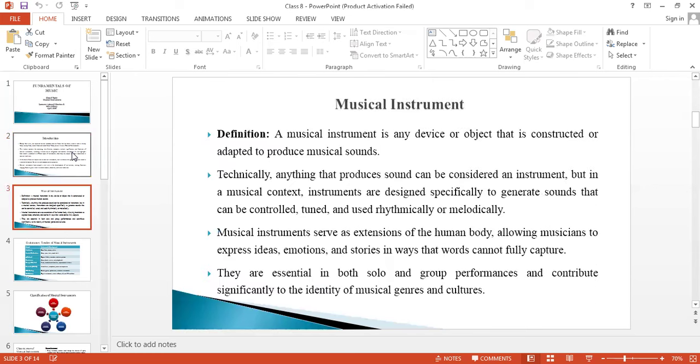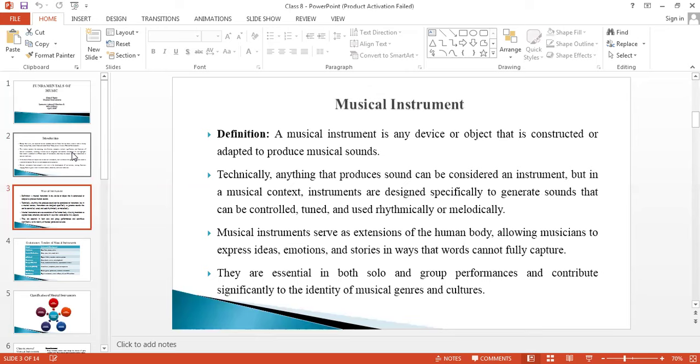Just as we've seen, a musical instrument is any device or object that is constructed or adapted to produce musical sound. So it's what has been constructed. Actually, we can consider any object that brings sound to be an instrument.